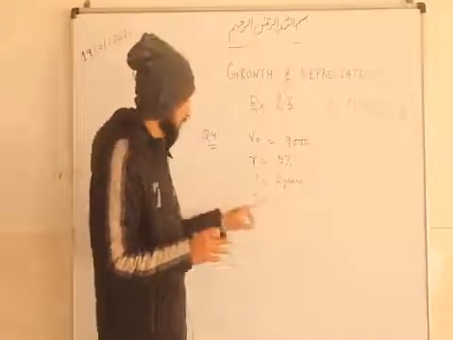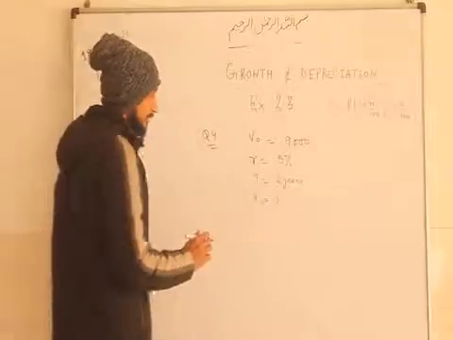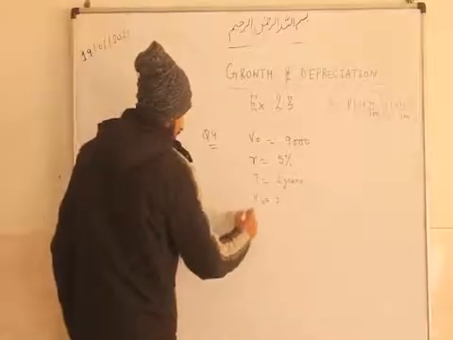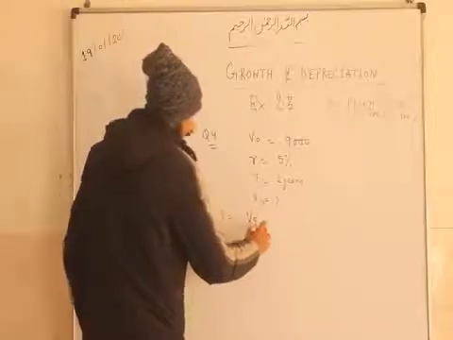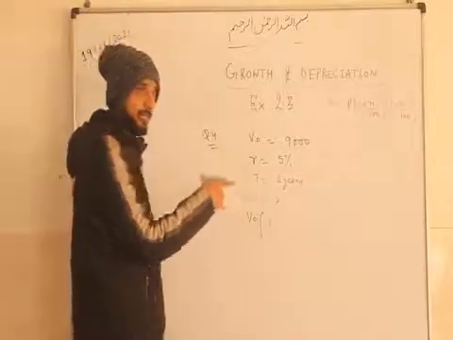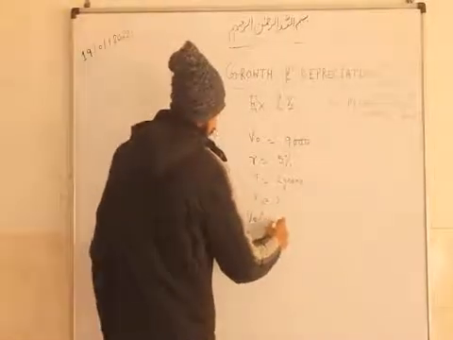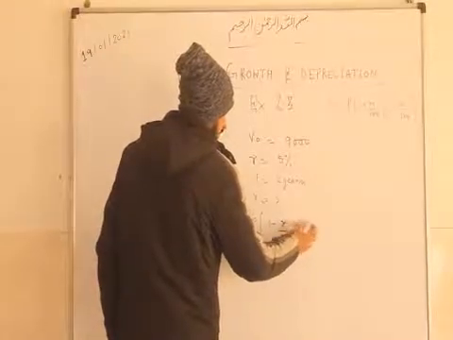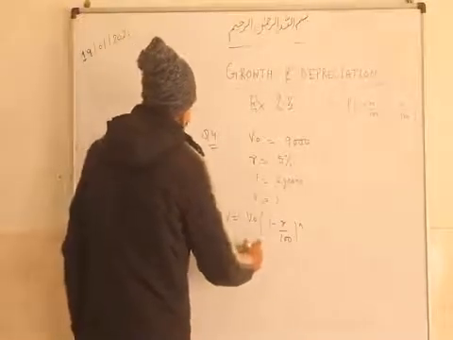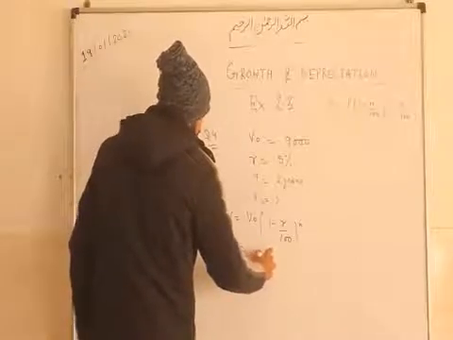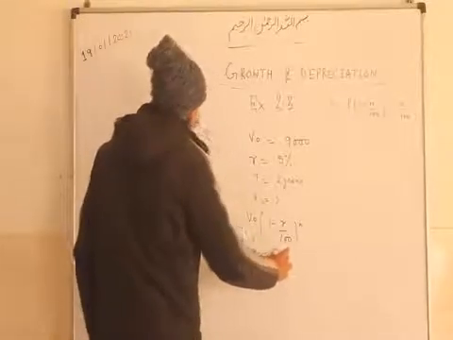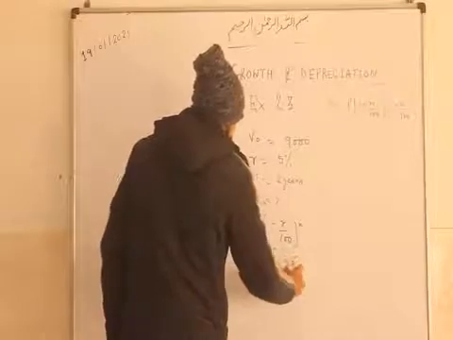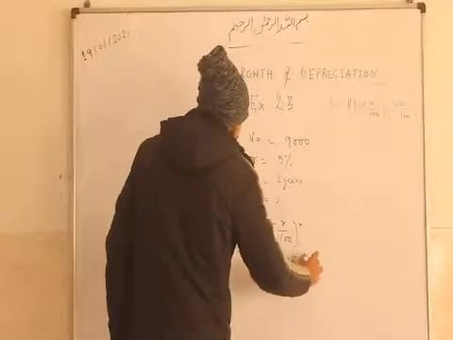For the final value we take V. So V equals V naught times (1 minus R by 100) to the power N or T, because here we are calculating depreciation, so we subtract the rate. Now V naught is 9,000, the rate is 5% by 100, and the time is 2 years.